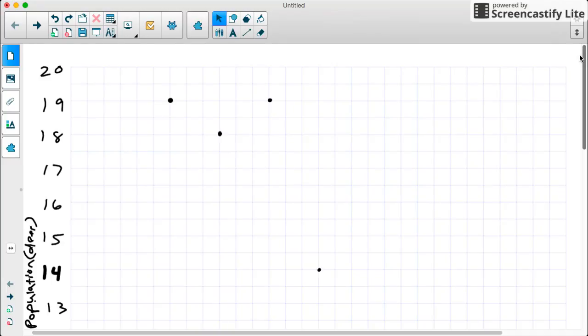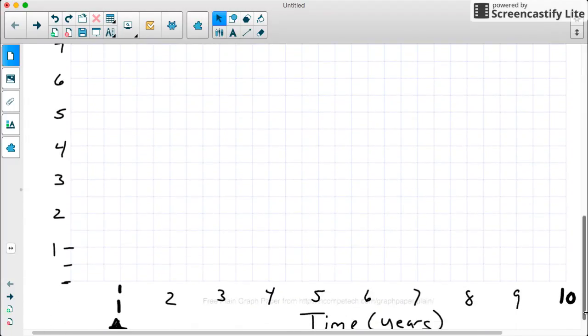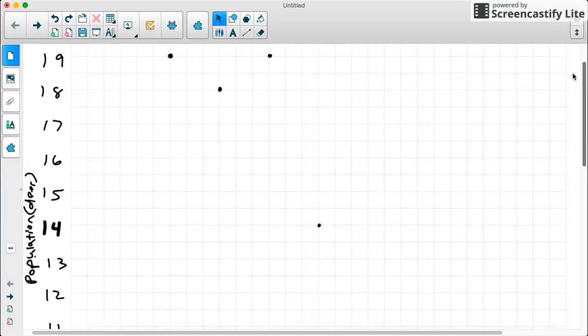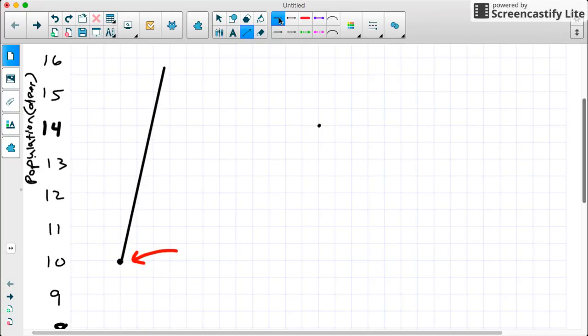Okay, so I'm going to go ahead and let you guys finish plotting those points. So you need to do the rest of the years, but when you're finished, please go ahead and grab a ruler and make a straight edge. We're going to say that our population started the first year at 10. So we're going to basically start at this point right there, and we need to go all the way up to year 2, which isn't the easiest thing to do on a smart board, but we should grab a ruler.